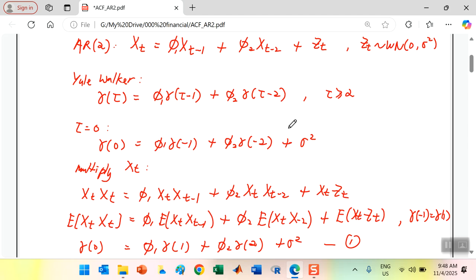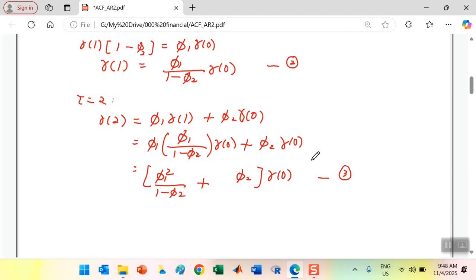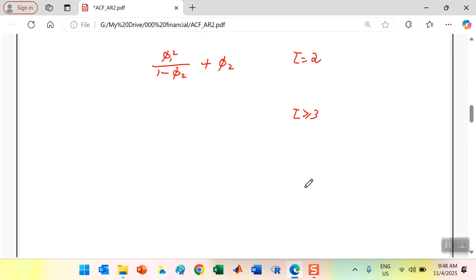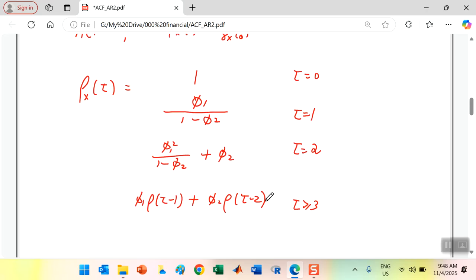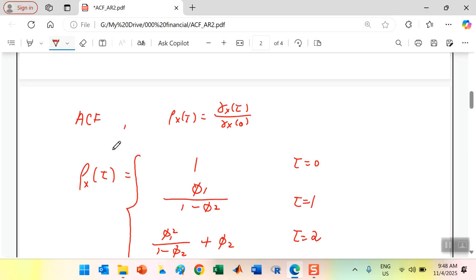Okay, so instead of covariance, it becomes autocorrelation. Okay, so in general, you're going to have phi 1 rho tau minus 1 plus phi 2 rho tau minus 2. Okay, this is for all the rest of the values. So you can just end up to have an ACF function for AR2 in this particular.